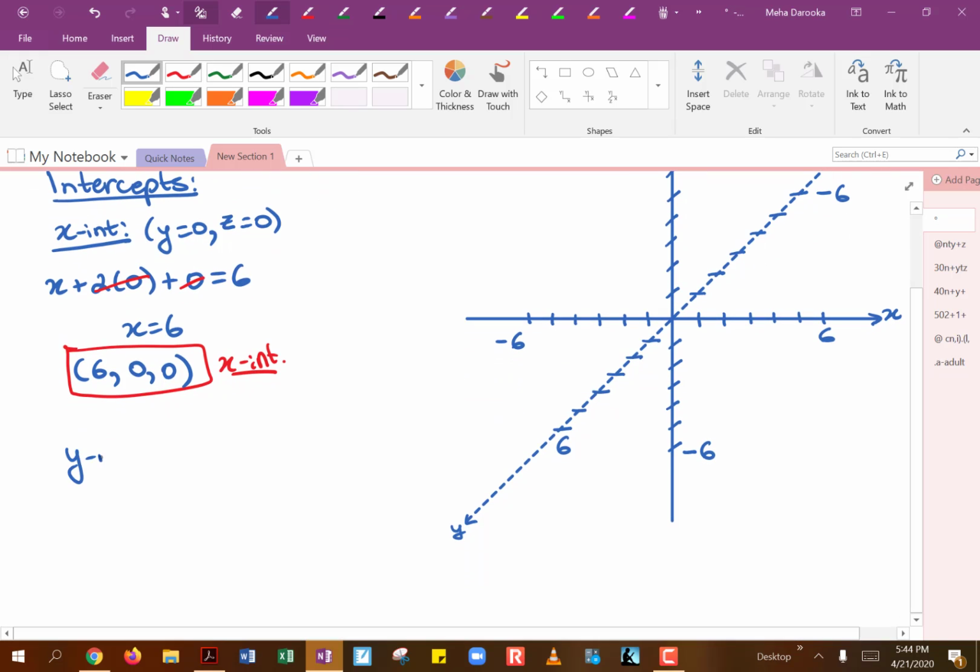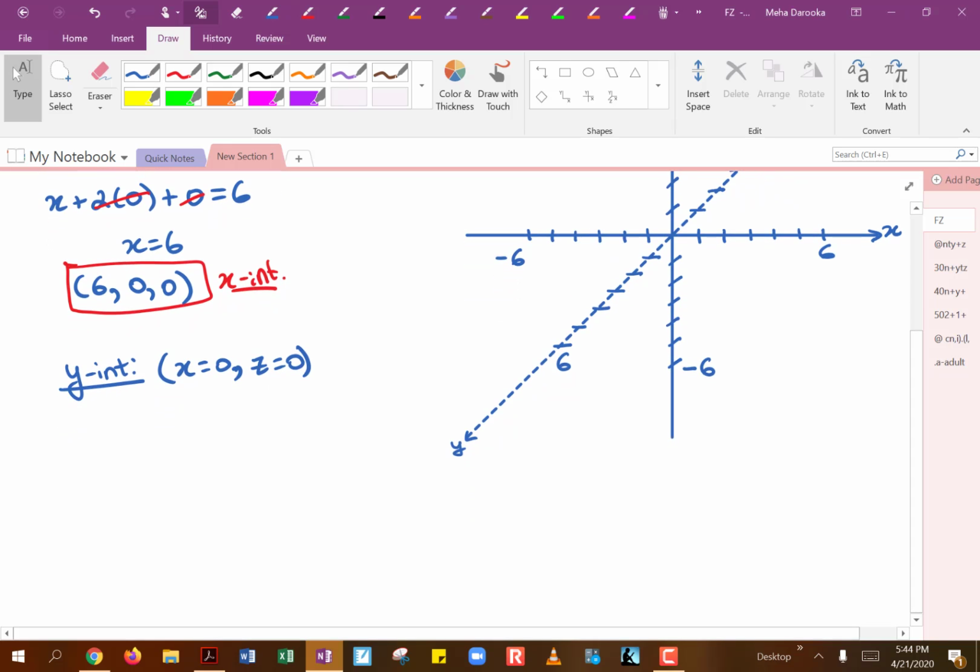Now, let's find the y-intercept. To find the y-intercept, we'll make the x value 0, and we'll make the z value 0. So this will end up giving us 0 plus 2 times y plus 0 equals 6. Of course, your 0 and 0 will be gone, leaving us behind with 2y equals 6.